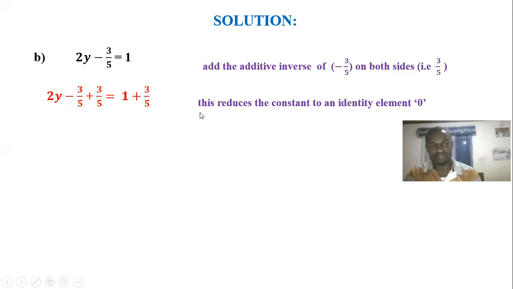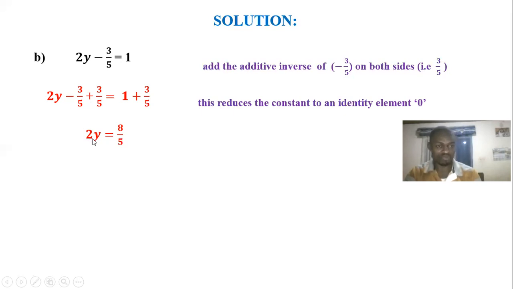This reduces the constant to an identity 0, and that identity 0 will leave any number on the left-hand side unchanged.